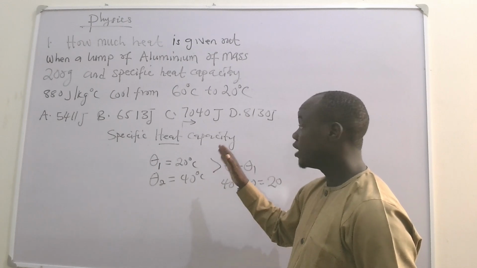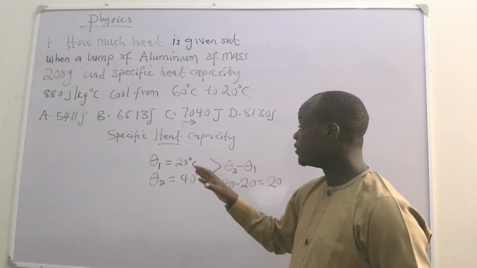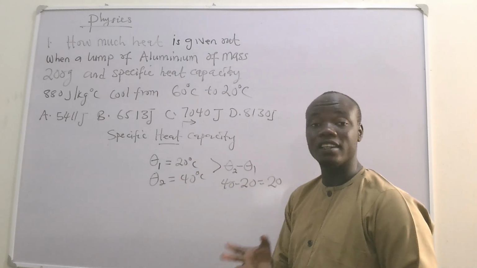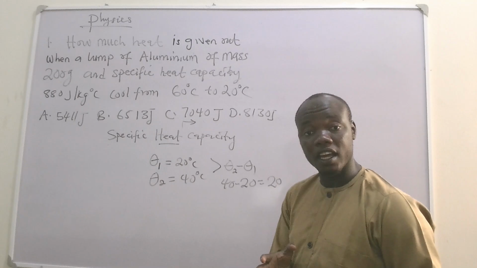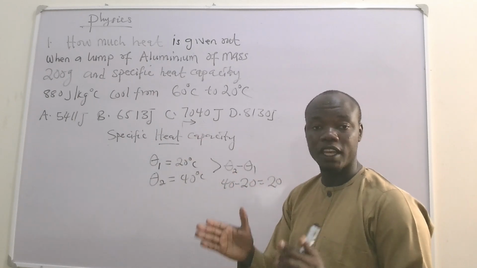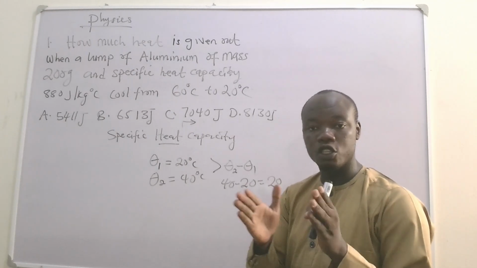And in addition to that, the unit for temperature is either degree centigrade, degree Fahrenheit, or Kelvin, while heat is measured in joule. So the SI unit of heat is joule.